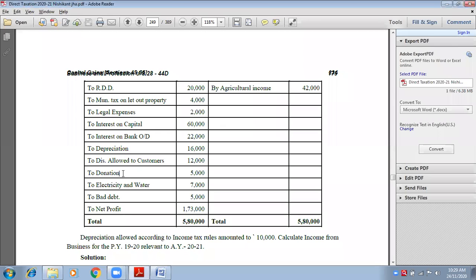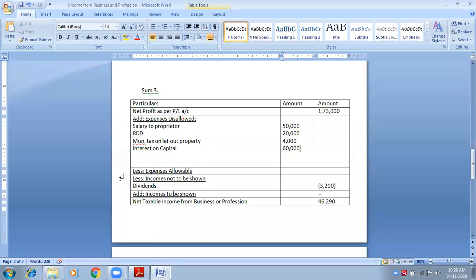Can you tell me donation? Disallowed or not disallowed? What about donation? Ma'am, disallow? Yes, very good. Gifts, donations. I already explained to you yesterday. Gifts and donations are always disallowed.